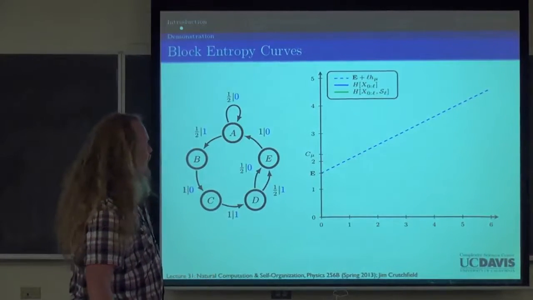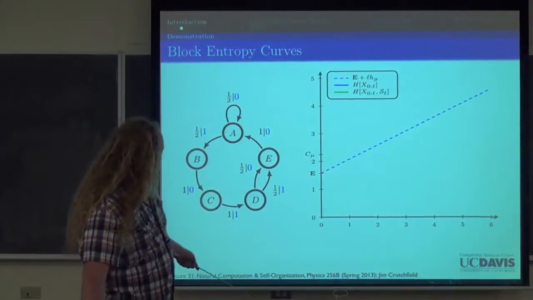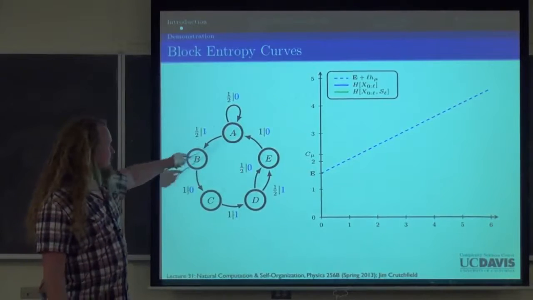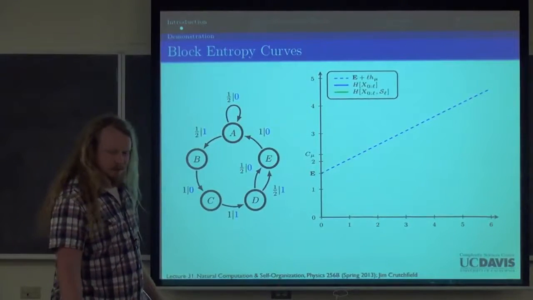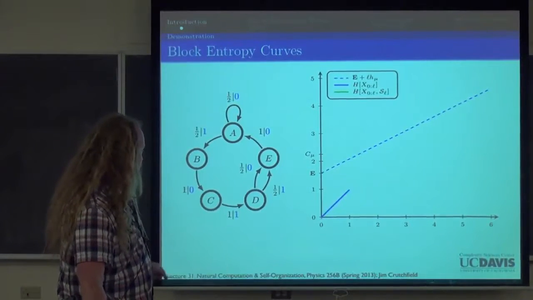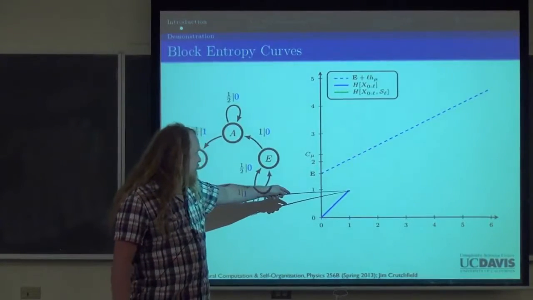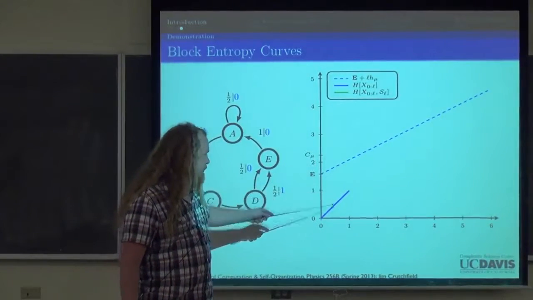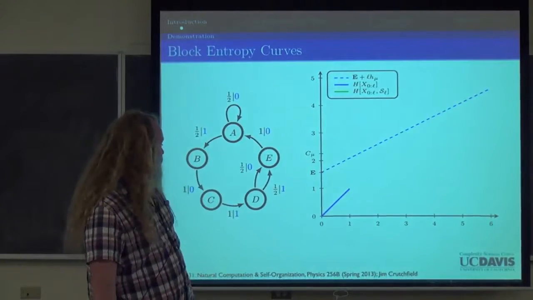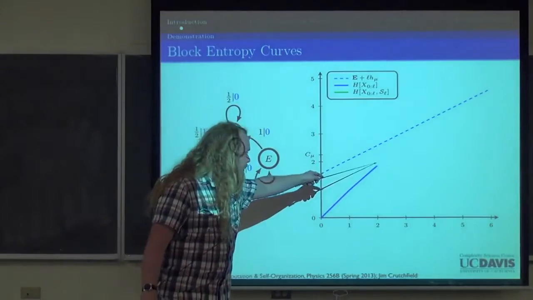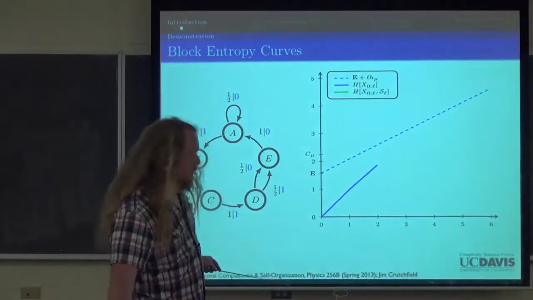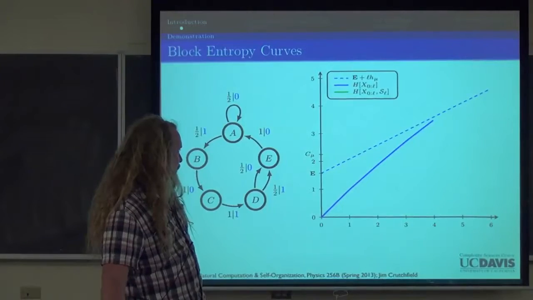Okay, so if we plot block entropies for this process, the noisy random phase slip process, first, length 1 block entropy is some value, approximately 1. Length 2 is some other value here. Length 3, length 4, length 5.